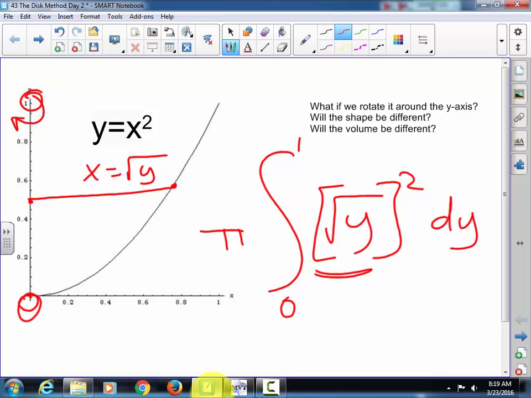Now, I can virtually guarantee, well, I can't guarantee anything. I can tell you for the last 7 years, there has been a problem on the little test you're going to take on May the 5th, asking you to take some shape and rotate it around an axis. It's a 3-part FRQ.